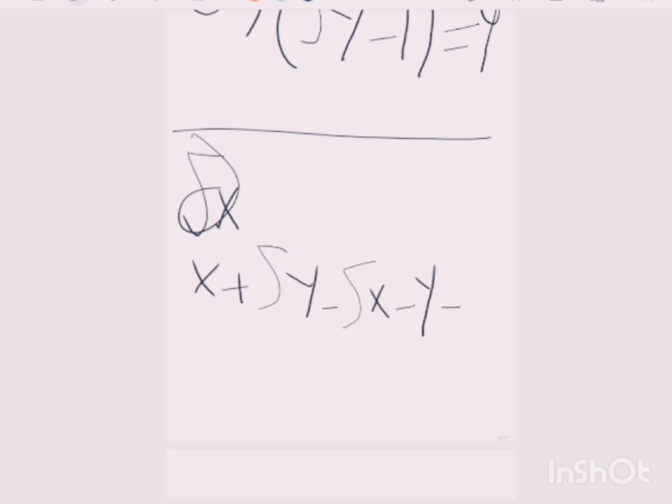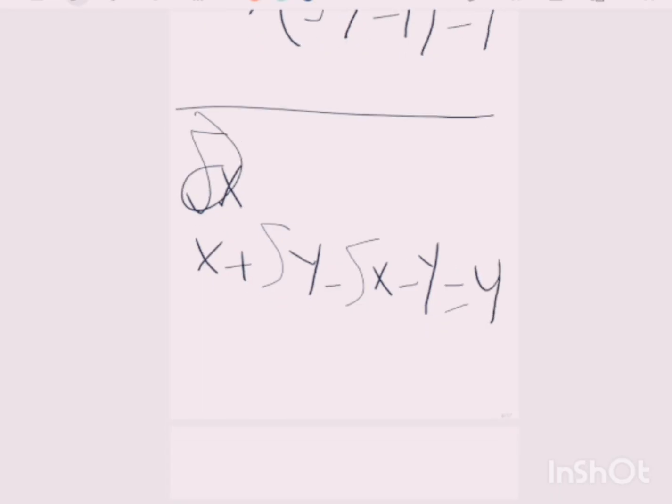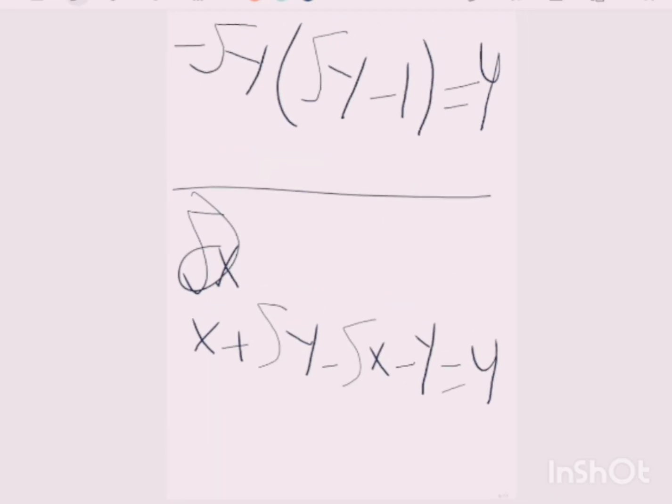So let's do the same thing again. Here it will be x plus root y minus root x minus y equals 4. What we can do here is write x as root x whole square, and y as root y whole square.